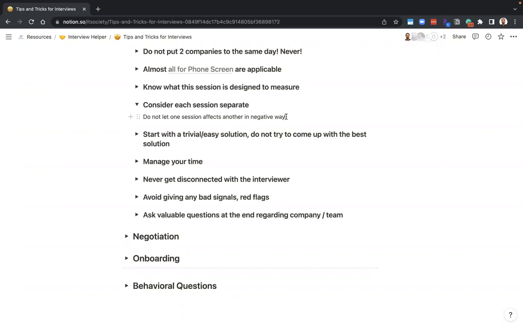Another tip I can give: especially in coding and system design interviews, most of the time interviewers ask some icebreaker questions, like can you tell me about yourself and what you are doing in your current job.